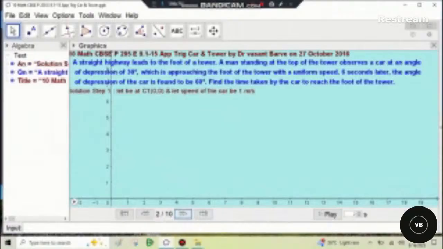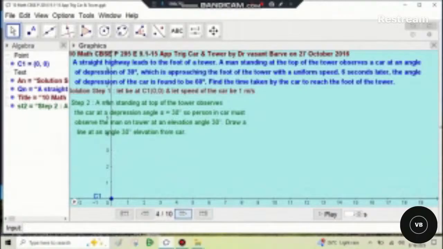We'll make solution step 1. Now let's see, we take some C1 as the position. The man standing at the top of the tower observes the car at depression 30 degrees. So the person in the car must observe the man on the tower at the elevation angle of 30 degrees.